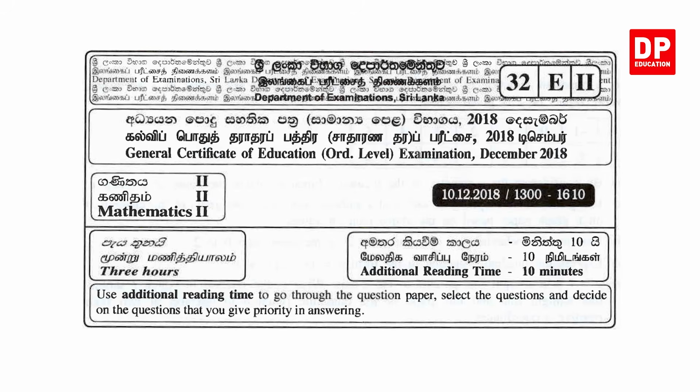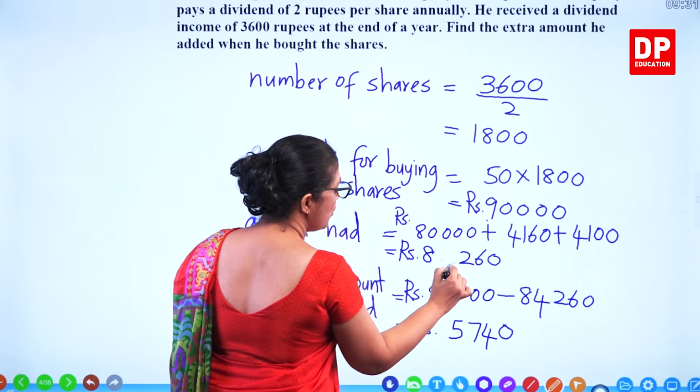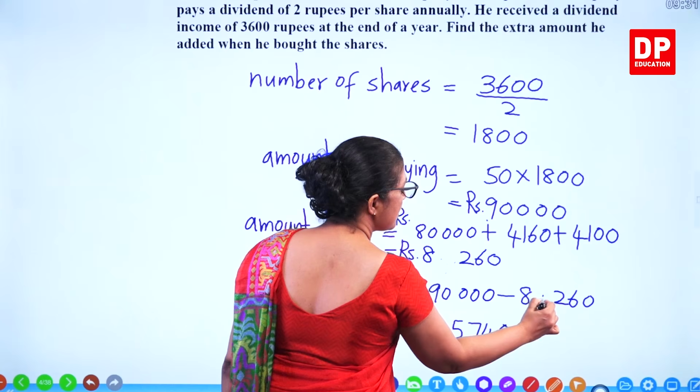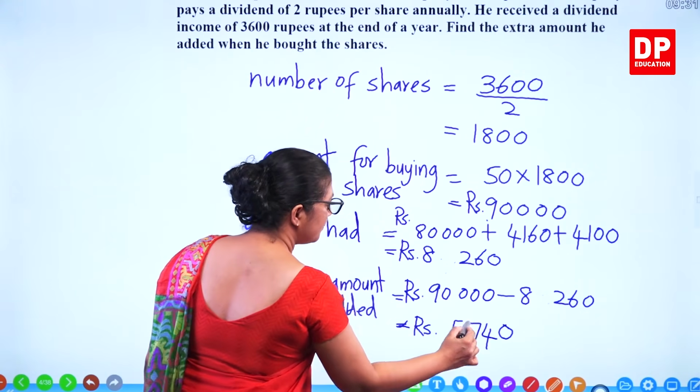Just check it again. There's a mistake. What's the mistake? Can you see 4 and 4? When you add it, that's 8. You need to add that amount.